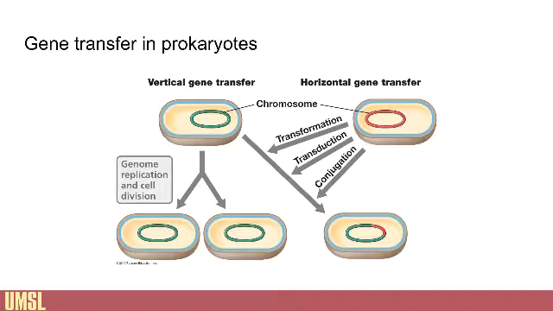There are three classical mechanisms by which DNA is transmitted in prokaryotes. Prokaryotes, being haploid organisms, do not reproduce sexually. They reproduce asexually by binary fission, essentially producing genetically identical progeny. The only standing genetic variation that really begins to emerge is through mutation or through movement of mobile DNA that we'll talk about later today.